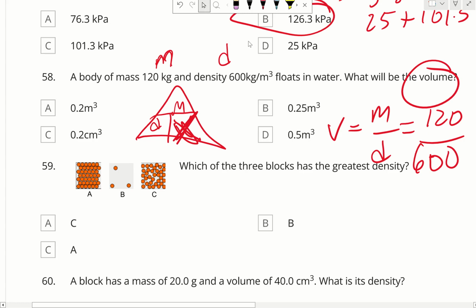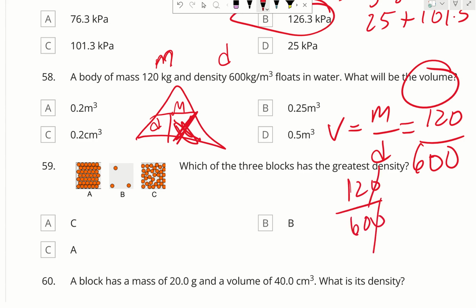There's a lot of ways I could do this, but we'll do it like this. 120 over 600, if I simplify it, the zeros cancel each other out. 12 over 60, I can divide it by 12.